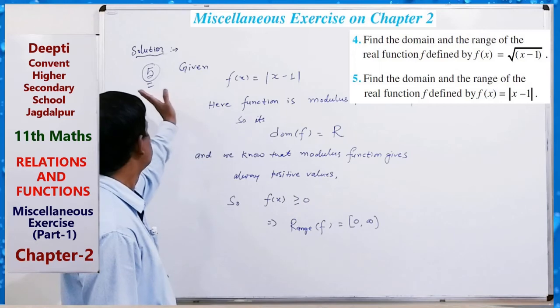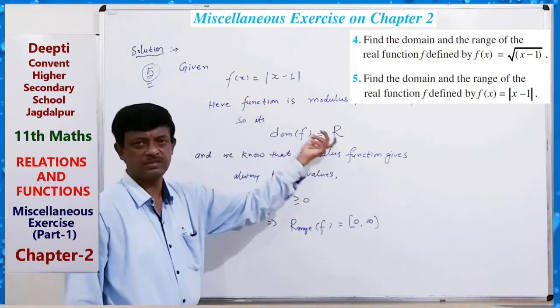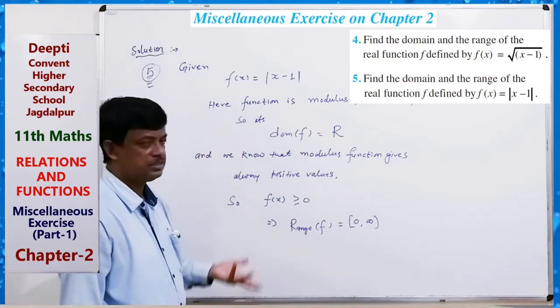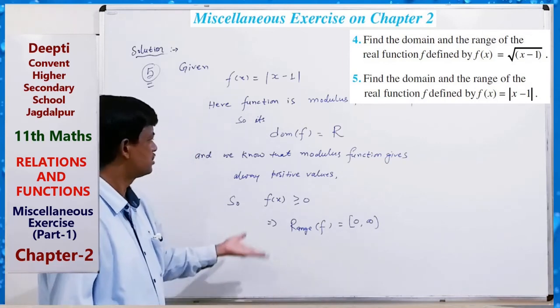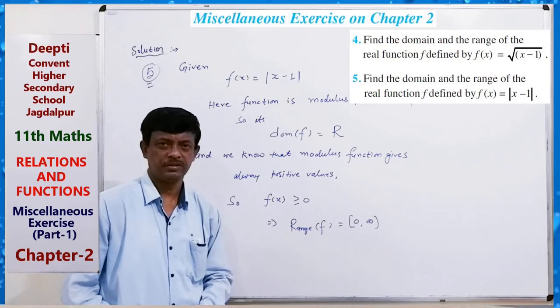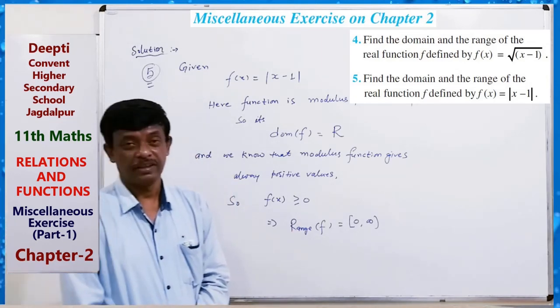So for question 5, mod x minus 1 is a modulus function, so the domain is the set of real numbers and its range, since the modulus function always gives non-negative values, is [0, infinity). So these are the domain and range of question 5.